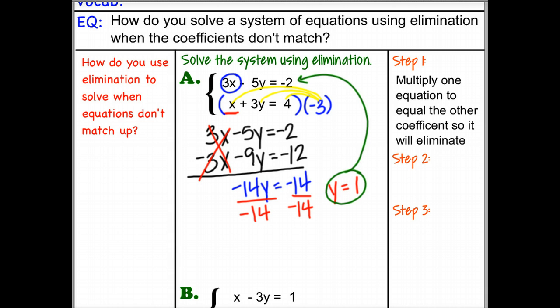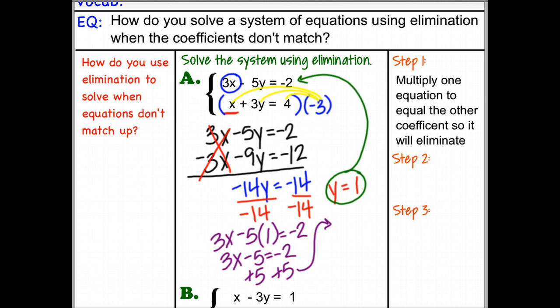And that gives me 3x minus 5 times y, which is 1, equal to -2. That gives me 3x minus 5 equal to -2. Add 5, which gives me 3x equal to 3, so -2 plus 5 is 3.